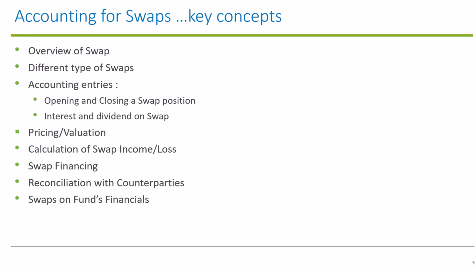Because those are the income components on a swap position. Then how do you price it? And as I just mentioned, how do you calculate the swap performance? That is the swap P&L. When we say swap P&L, it comes from the swap performance, okay?